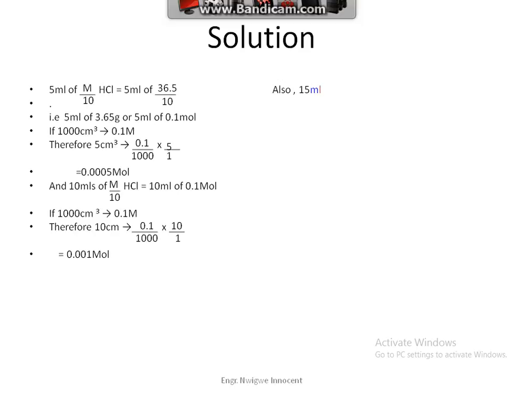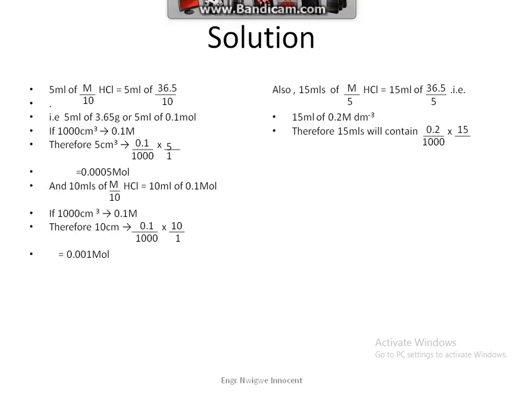Also, 15 milliliters of M over 5 HCl is equal to 15 milliliters of 36.5 over 5. That is 15 milliliters of 0.2 molarity dm cube. Therefore, 15 milliliters will contain 0.2 over 1000 times 15 over 1, which is equal to 0.003 mole.